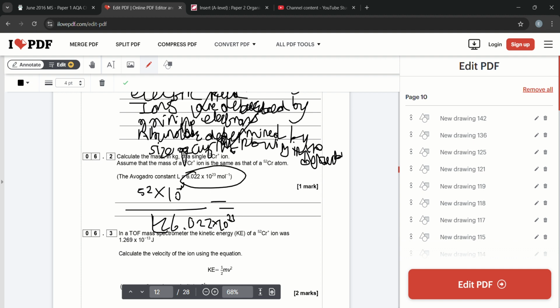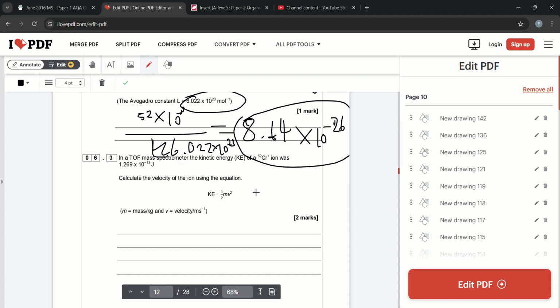So 52 times 10 to the power minus 3 all over 6.022 times 10 to the power 23 gives 8.64 times 10 to the power minus 26.